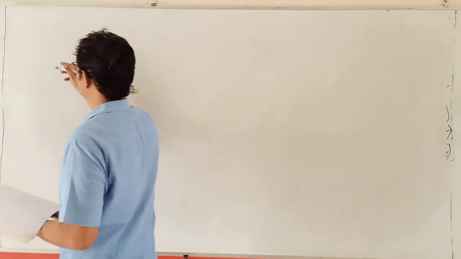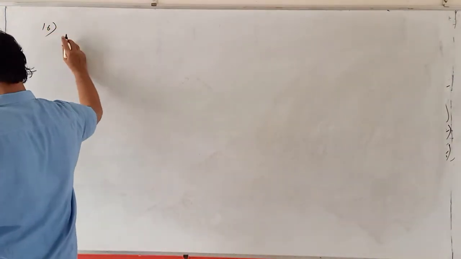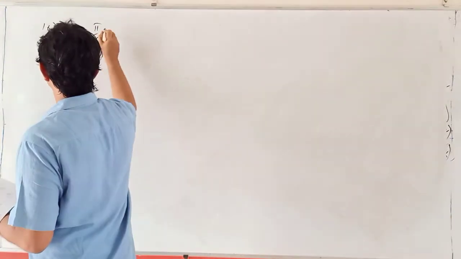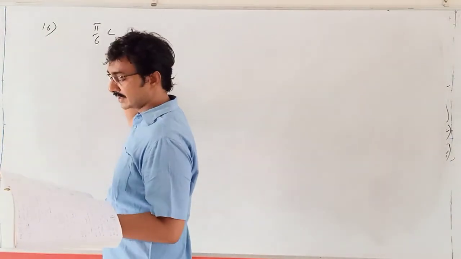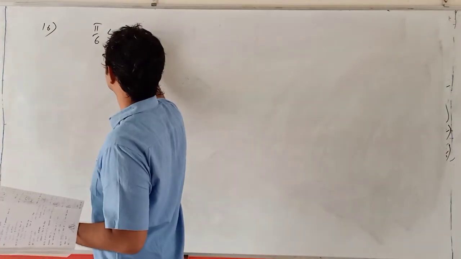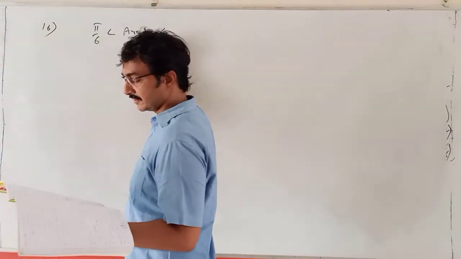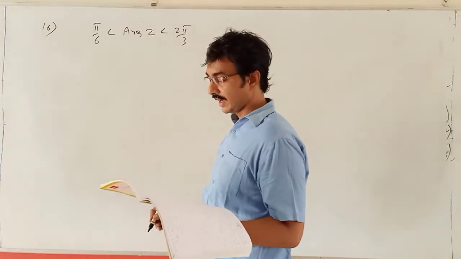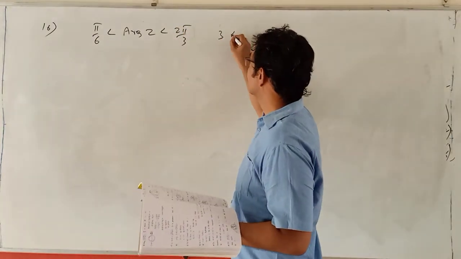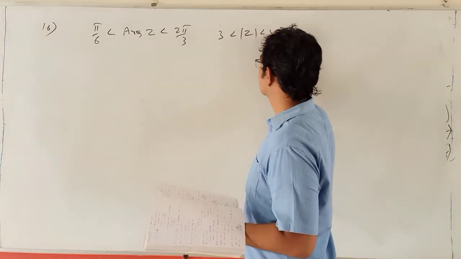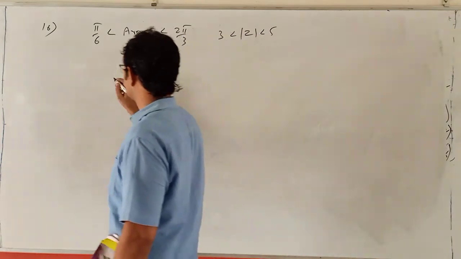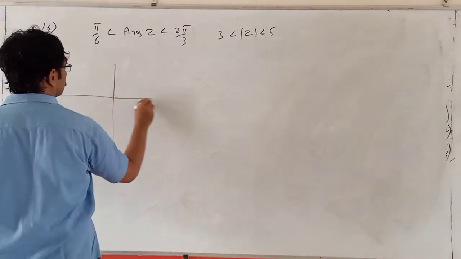See, next, the 16th one. Area of the region bounded by 5 by 6 less than argument of z less than 2 pi by 3 and 3 less than mod z less than 5. Clear?